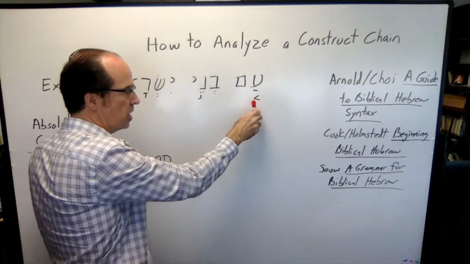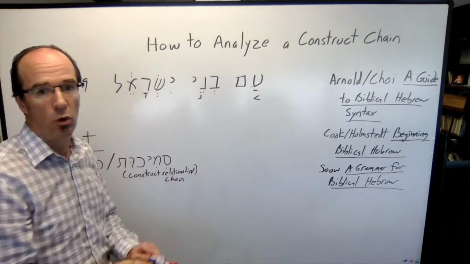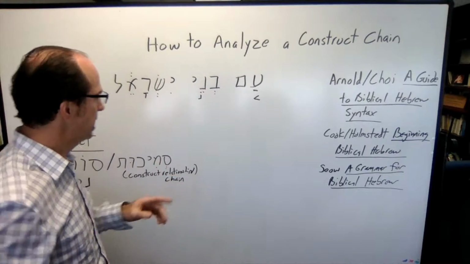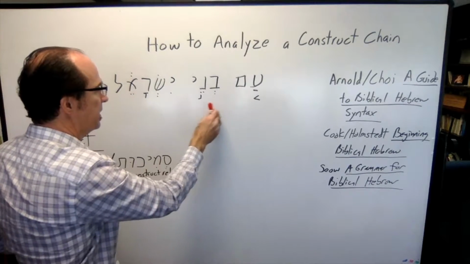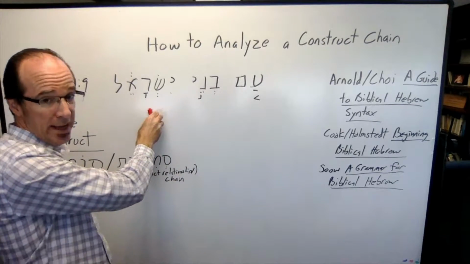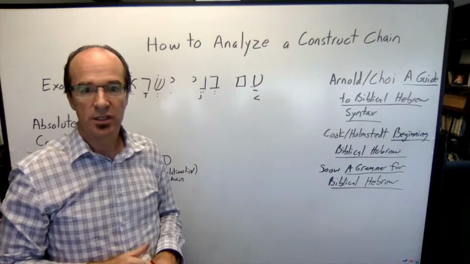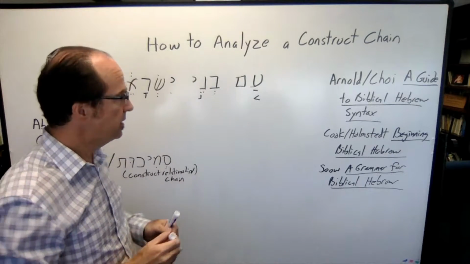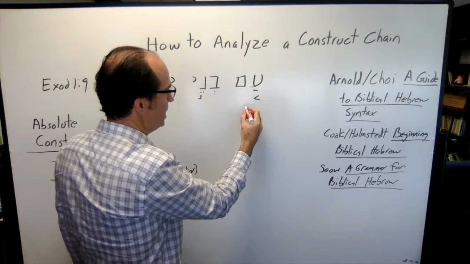This is construct, this is construct, this is absolute, or to use Cook-Holmsted language, this is nismak, somak. And you can translate this fairly easily. It's going to be people, is people.